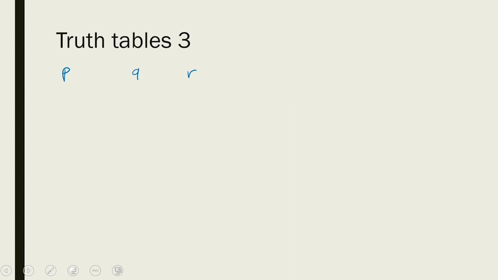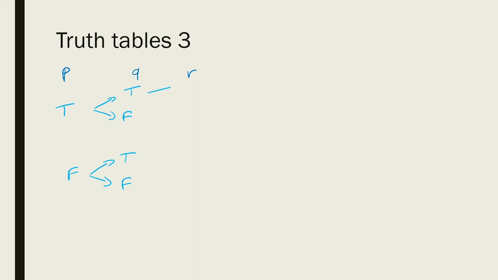So for the first proposition P, this proposition is either true or it is false. For each value of P, the proposition Q is going to take two different values. It can be either true or it can be false. If P is false, it can be true or false. This creates the 4 rows that we have when we have two propositions P and Q. We have true true, true false, false true, and false false.